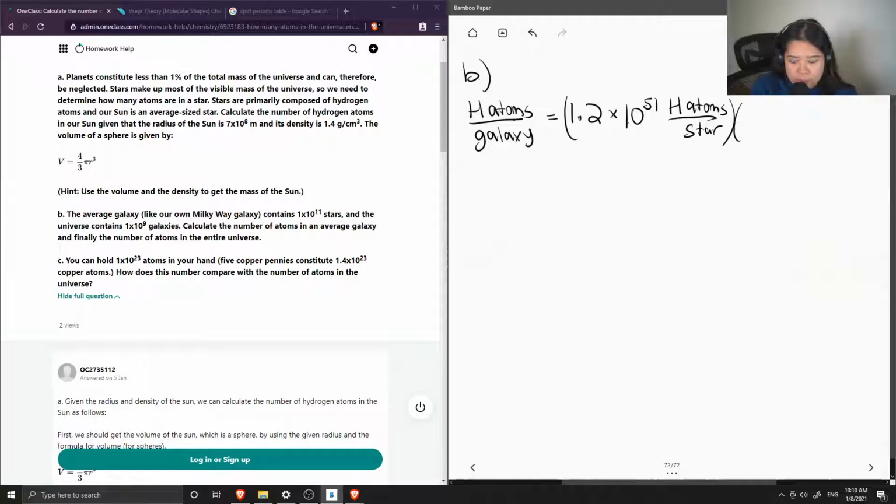So now I just need to multiply this by the number of stars in a galaxy. So we have 1 times 10 to the 11, and then this is going to be stars over galaxy.